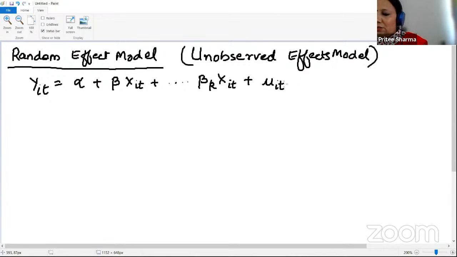Now here you know that the alpha i, all right. Now what this means is that the a i's have mean 0.